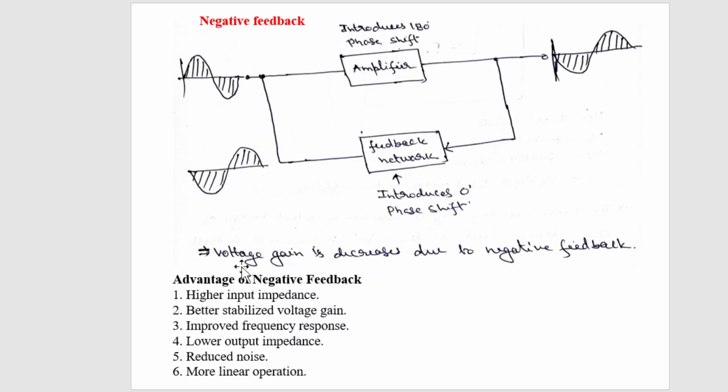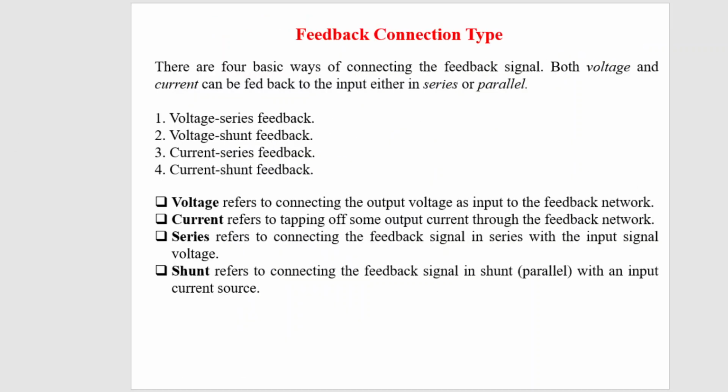So we'll try to calculate the gain when negative feedback is given, and the input impedance when negative feedback is given, but with different configuration types. In yesterday's class, we discussed the different feedback connection types: voltage series, voltage shunt, current series, current shunt.